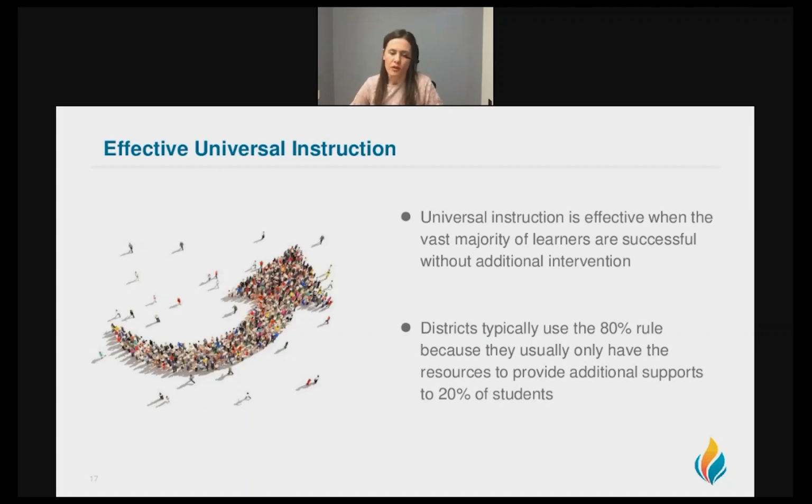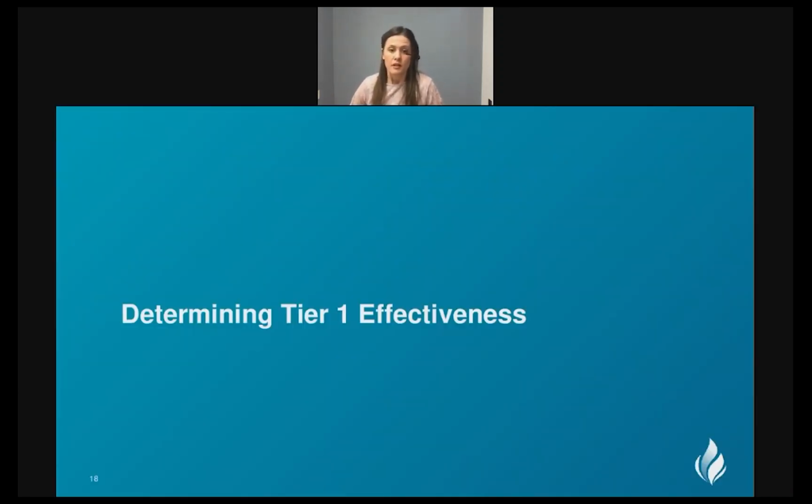The reason for it is that as a system in schools, we're not really built to be able to support the intensive level of needs for more than 20% of students. So if we see that greater than 20% of our students have an intensive need of some sort, we should be rolling that back and saying this is something that all students could likely benefit from.